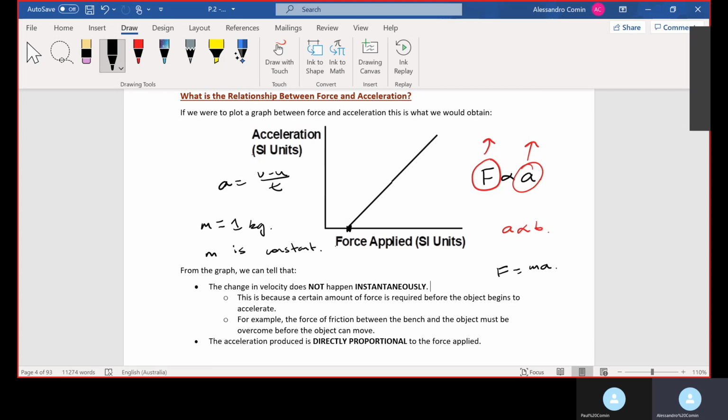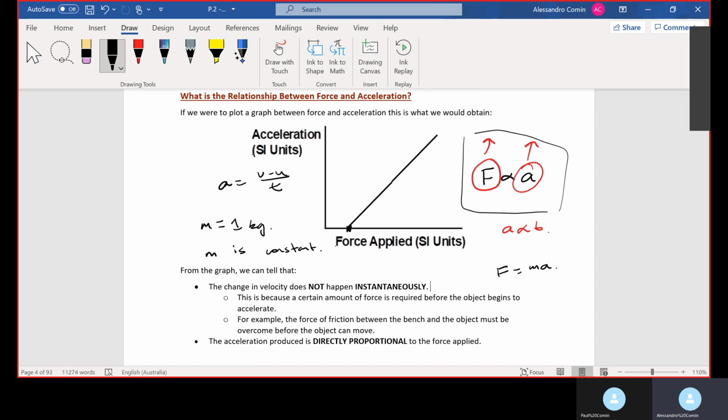So remember, we're changing the F, we're measuring A, so therefore M must be constant. Otherwise the scientific method doesn't work. And the second big reason is that M being constant is a condition in order for proportionality to work. So in order for F to be proportional to A, M must be constant.